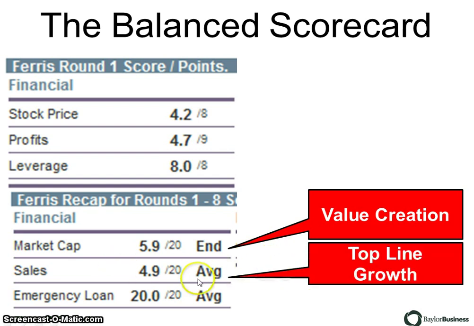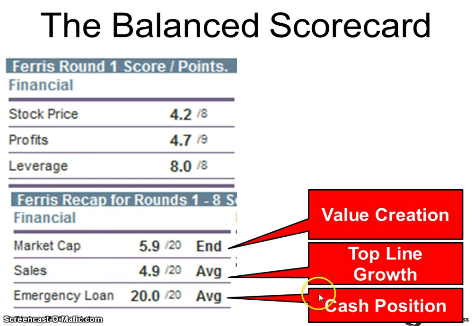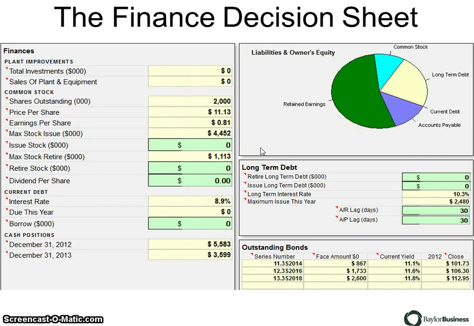It encourages top line growth here, bottom line growth here, top line growth here on the recap. And then really your cash management hits you here. This is a huge point here, 20 points on your recap that you can lose if you're running out of cash too often. So as you learn how to manage your cash, you shore up those points there and do well as you learn how to manage your finances and really run a good enterprise. You get the rest of those points on the balanced scorecard.